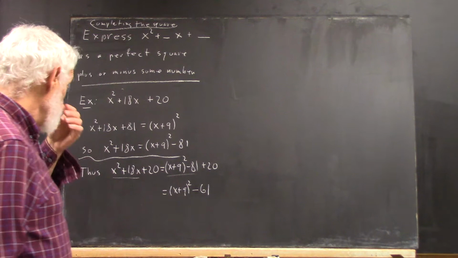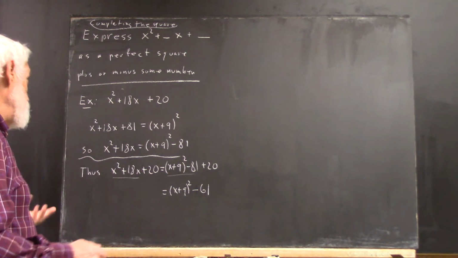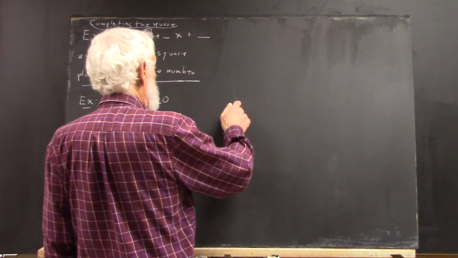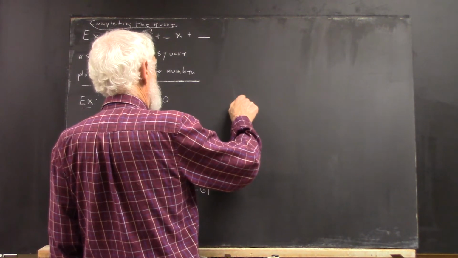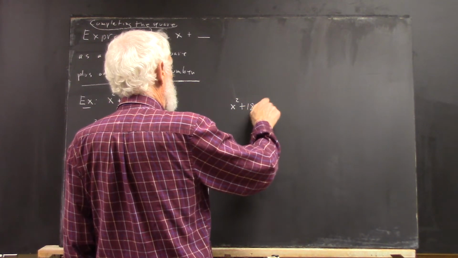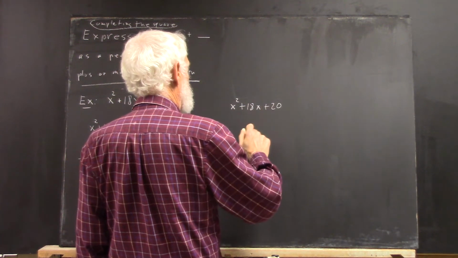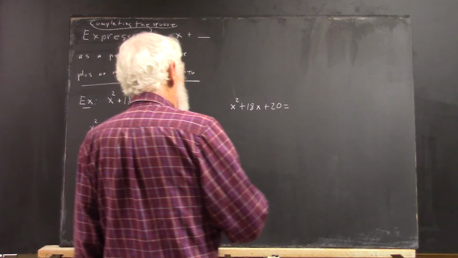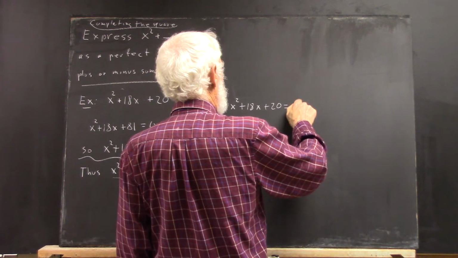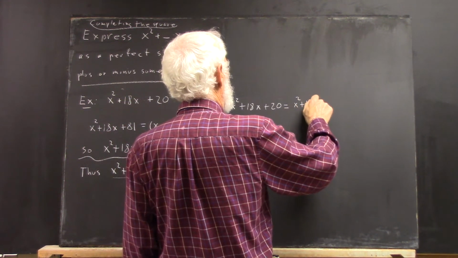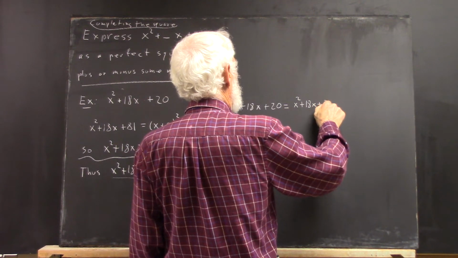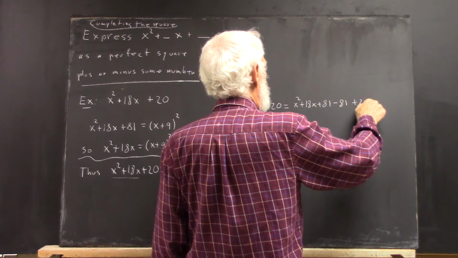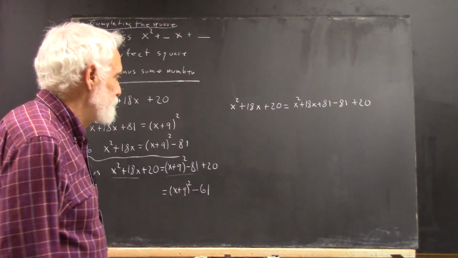Okay, now there are other ways that this can be written out, so let me just show you how this could be written out in another way. Okay, you can say x squared plus 18x plus 20 equals x squared plus 18x plus 81 minus 81 plus 20.